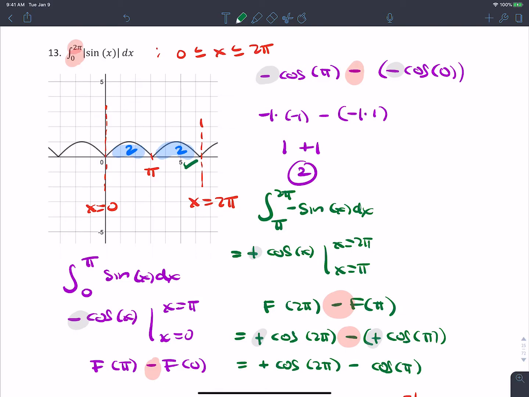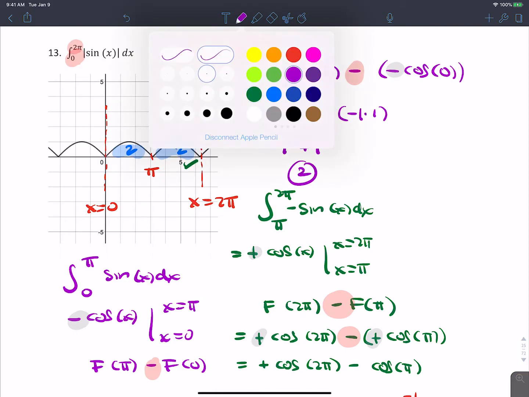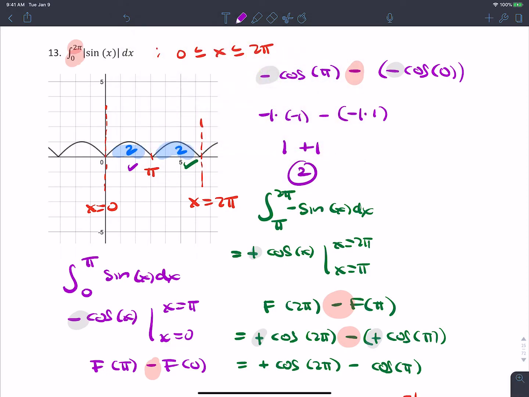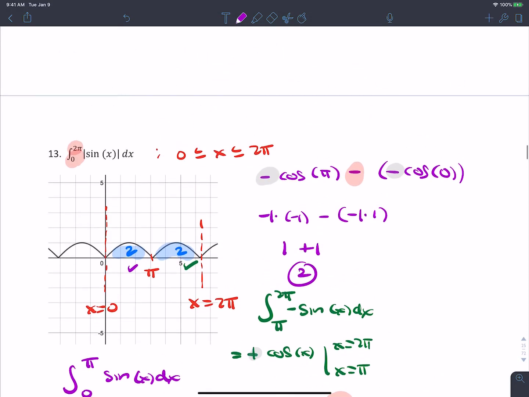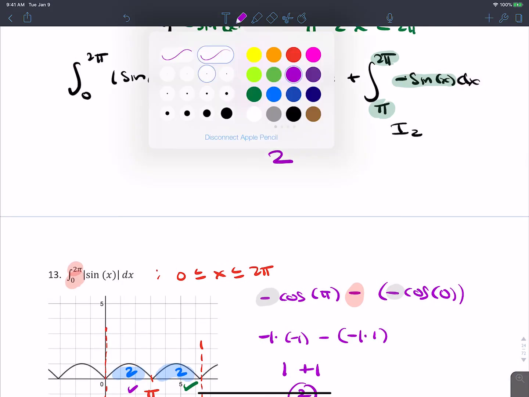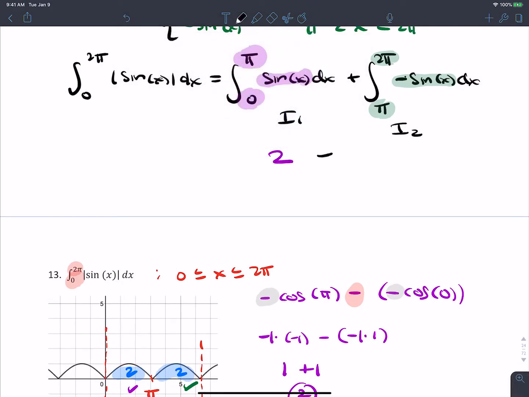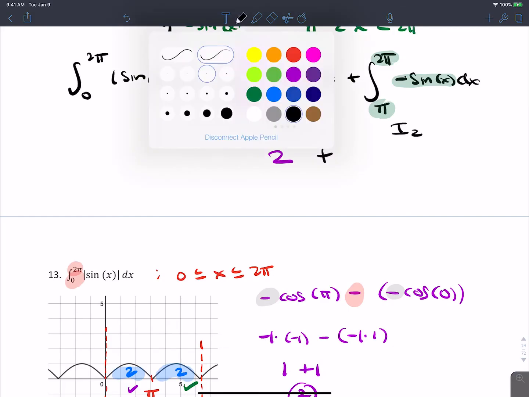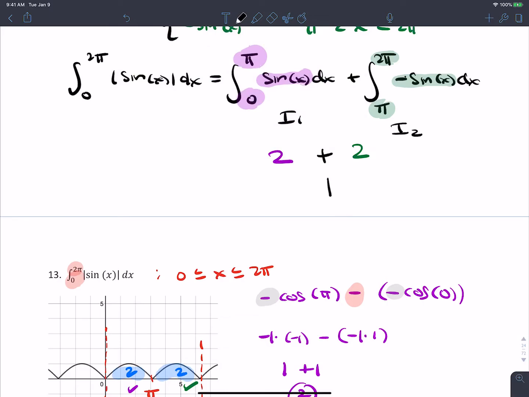We found that 2, and in purple, we found that to be 2, and then 2 plus 2 is going to give us what? 4, like we said. So we can say 2 plus 2 will give you a nice what? 4, like we knew it would be.